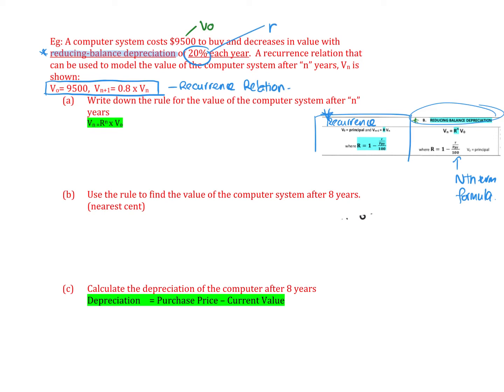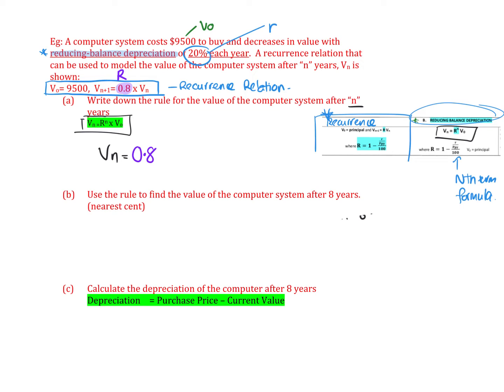If you look at this number here in that recurrence formula, that is the big R. They've already calculated it and worked it out to be 0.8. So in the first question, when it says write down the rule for the value of the computer after n years, that means you want to find the nth term. So here I've gone to the formula sheet and grabbed that nth term formula, and I can see the things I have to change, like the R. Because I can see what the R is in the recurrence relation, I'm going to straight away put that number there.